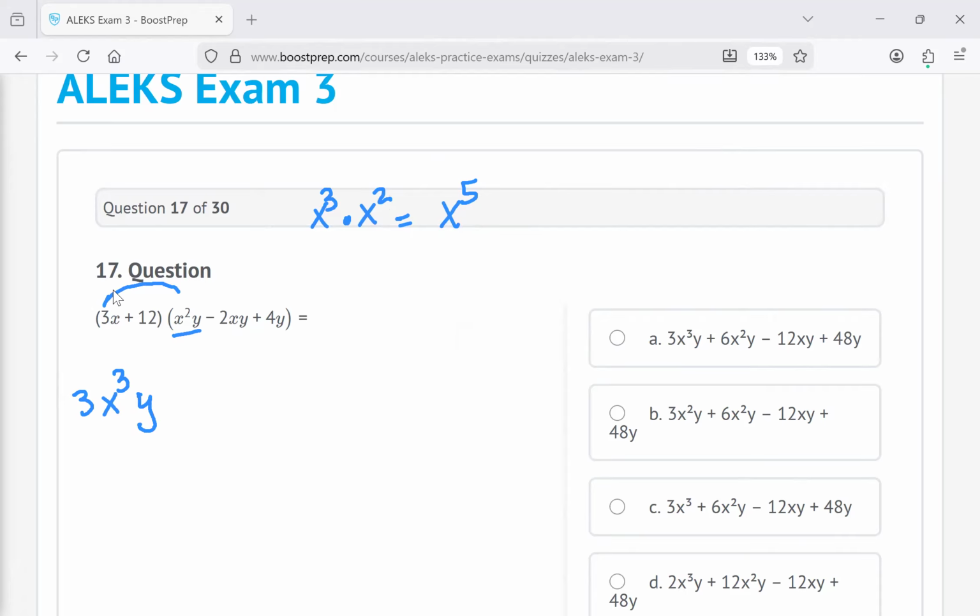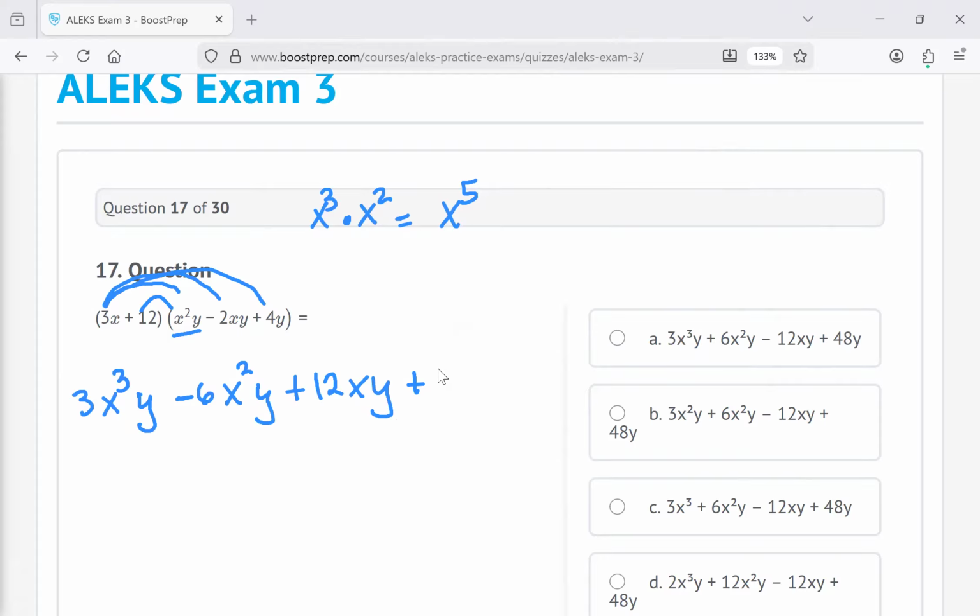Okay, keep on going. What's 3x times negative 2xy? That is negative 6x squared y. And then what is 3x times 4y? That is going to be 12xy. And then do 12. So what's 12 times x squared y?